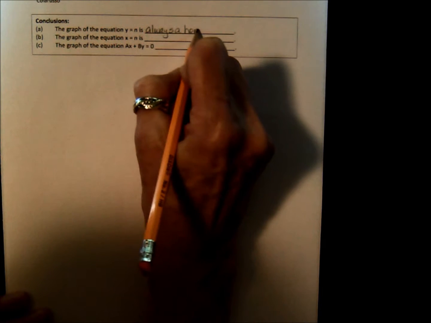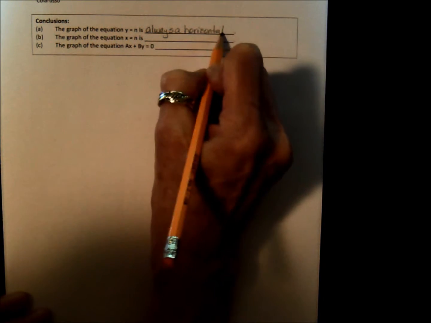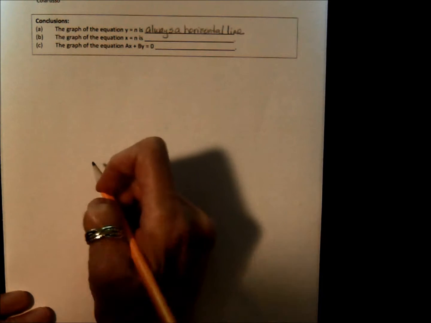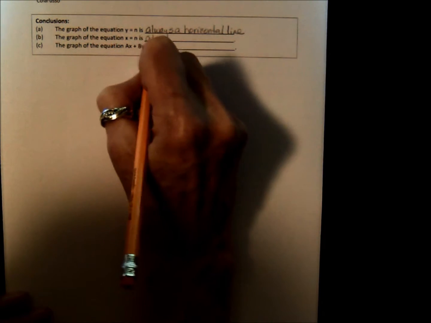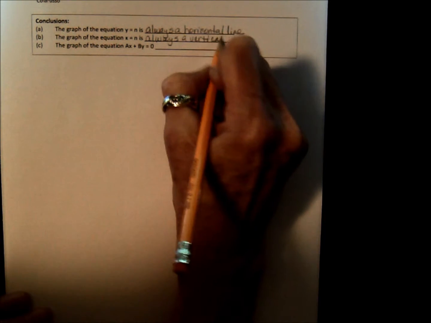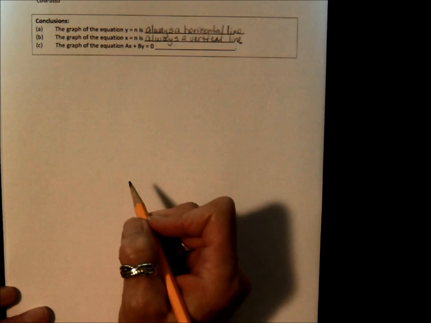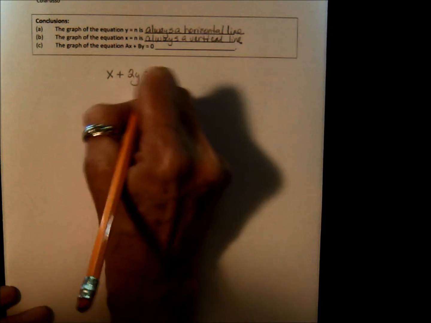All right, so let's do some conclusions that we have here at the top of the page. It says the graph of the equation y equals n, if you go back to example 2a, you will see that that is always a horizontal line. The graph of the equation x equals n is always a vertical line. And I don't know if you noticed this, but in example C, our equation was x plus 2y equals 0.